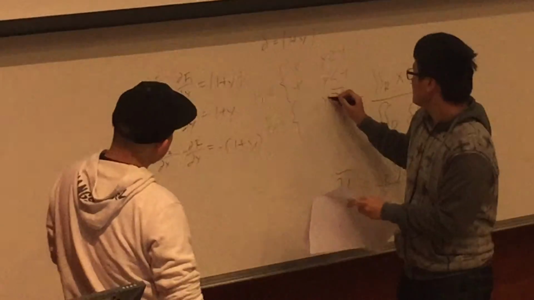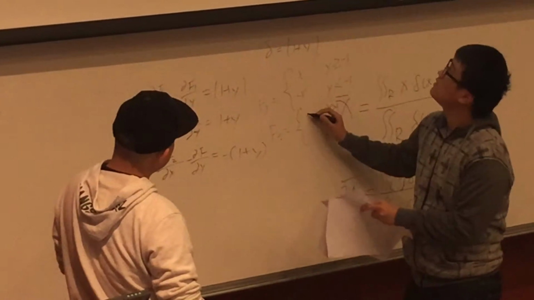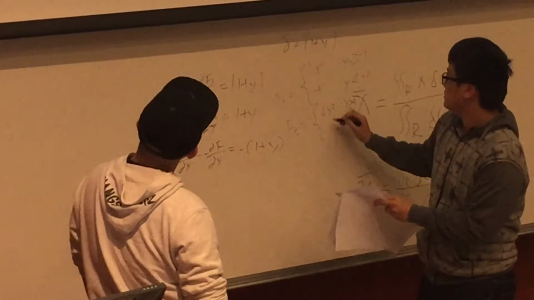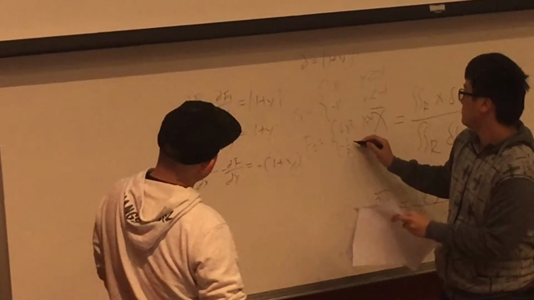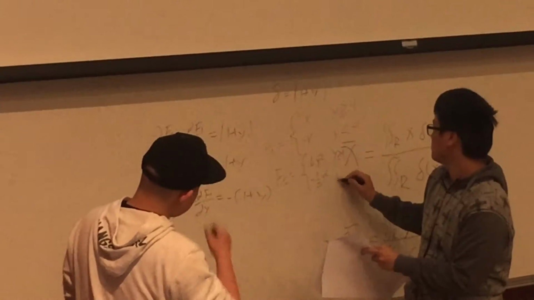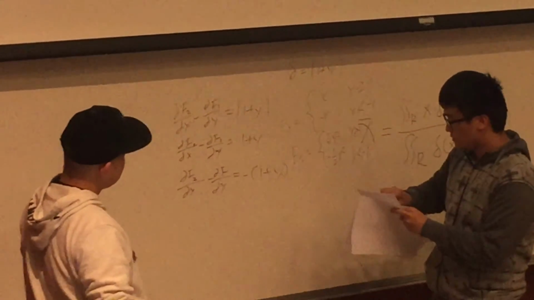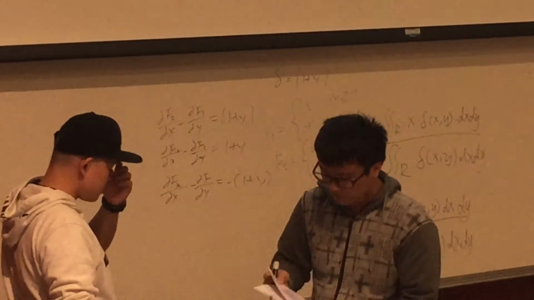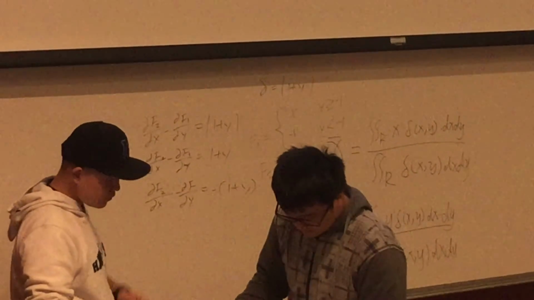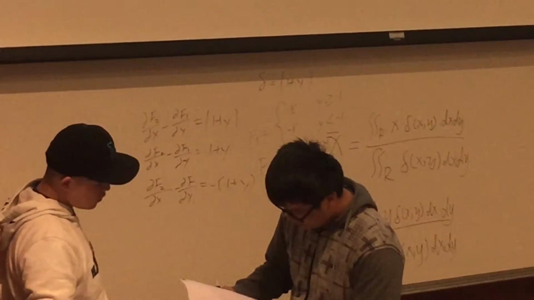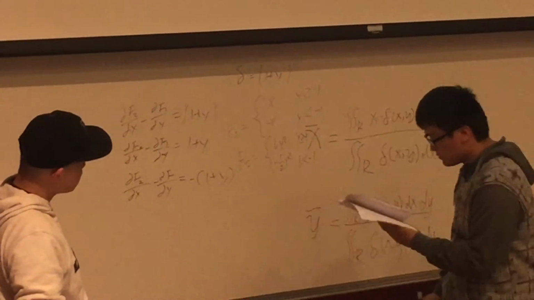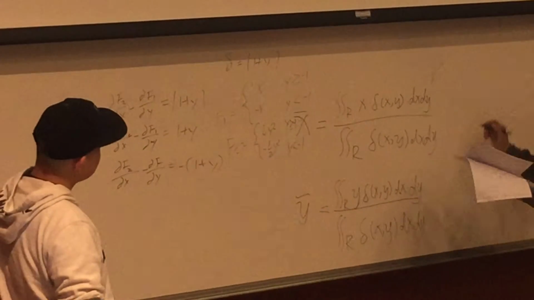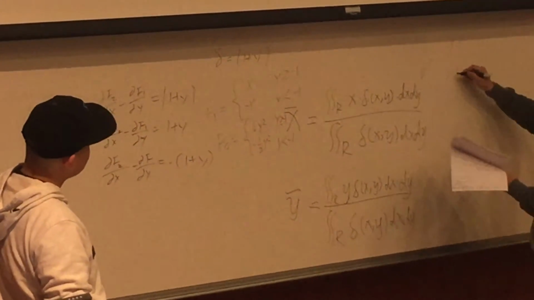When y is larger than or equal to -1, it is half y squared, and negative half y squared for y less than -1. For these cases, we now have to do the integral of this. So we just write down this.